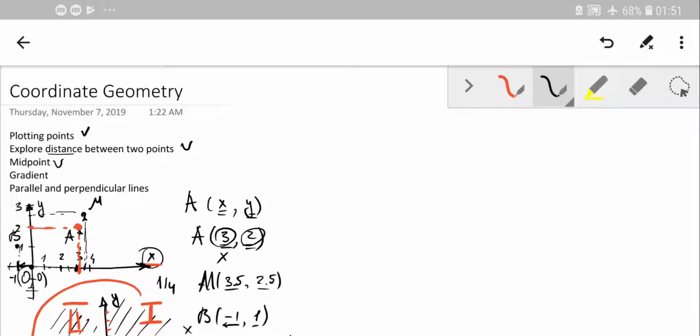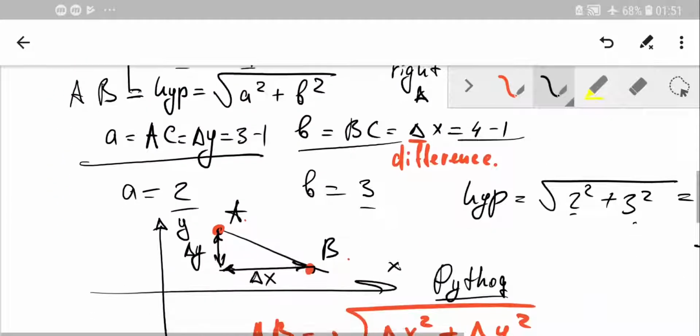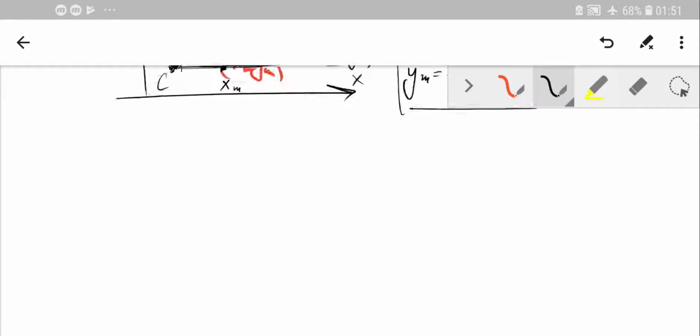Now, a few words about the gradient. In the topic of straight lines, I've already shown how we can calculate the gradient, but anyway, let's clarify this concept here. How do we find the gradient of a segment or the line containing this segment?